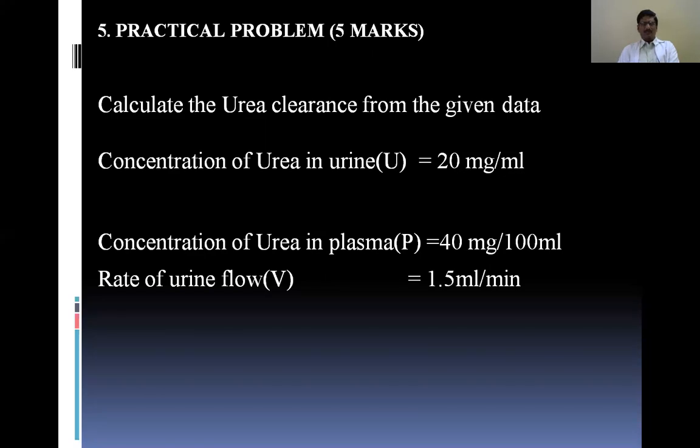Standard urea clearance is nothing but C is equal to U into square root of V, divided by P. This formula is used to calculate the standard urea clearance, which is done whenever the flow rate is low. Of course, in this case, we are only calculating the normal urea clearance, where C is equal to UV by P. So see the values here.